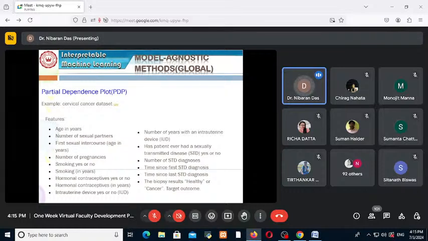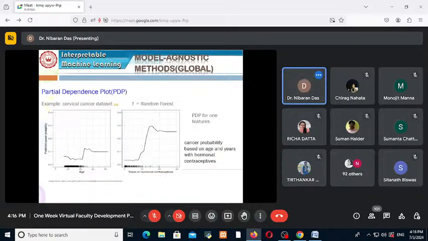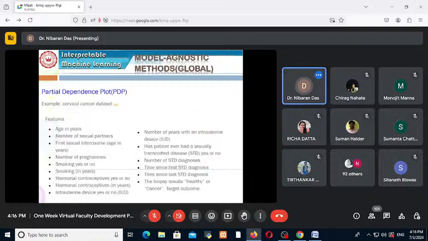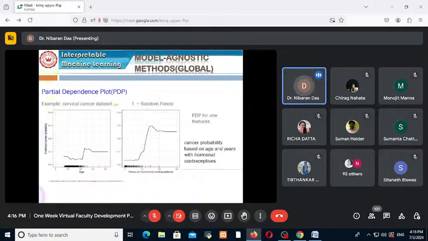These are some of the features. Based on this, you need to predict the risk of cervical cancer later. If we take a feature like age, and we keep all the other features fixed, and we divide the ages into particular intervals and plot them, then we get the predicted cancer probability. This has some dependence on the other features.